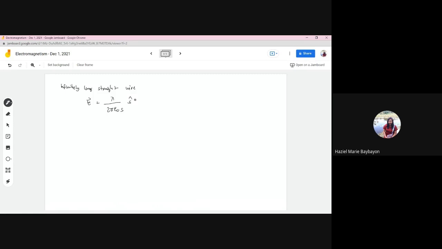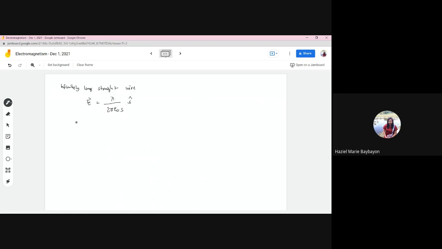Okay, S hat. So this is the electric field. And then next is to find the potential. So since the charge extends to infinity, we cannot set the reference point at infinity.